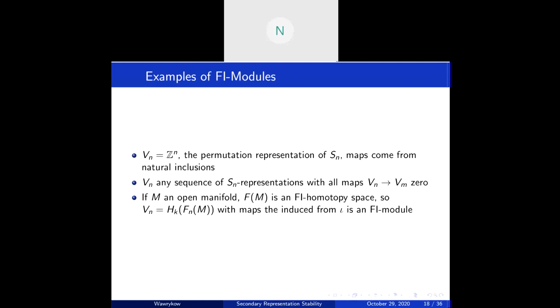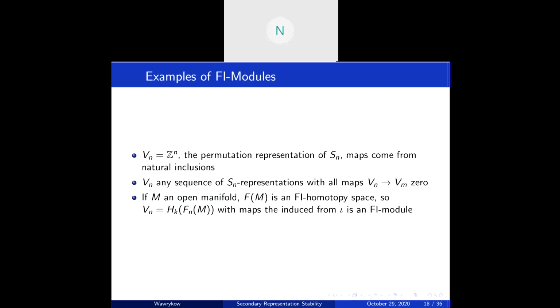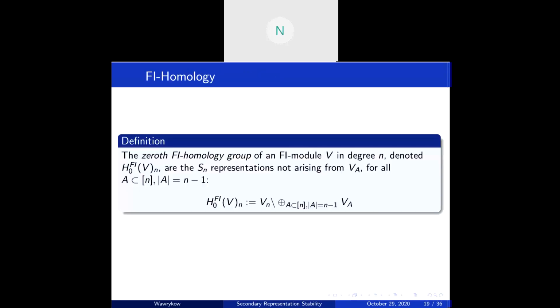Okay, so now we can consider the FI homology. This is not directly related to the homology groups that I talked about on the previous slide, but rather something different. The most important FI homology group for us is going to be the 0th FI homology group.